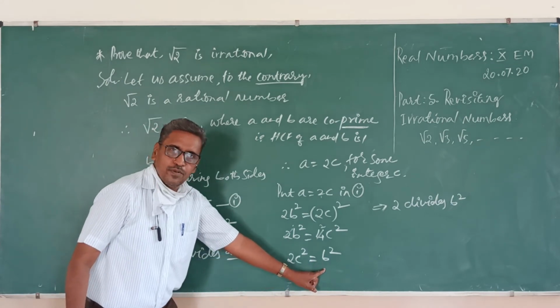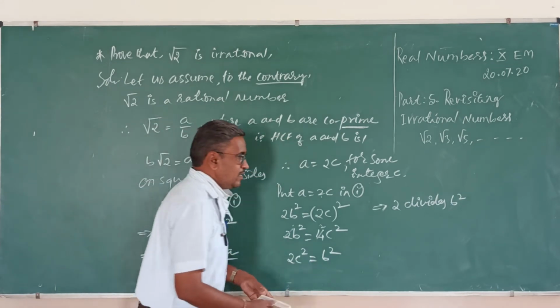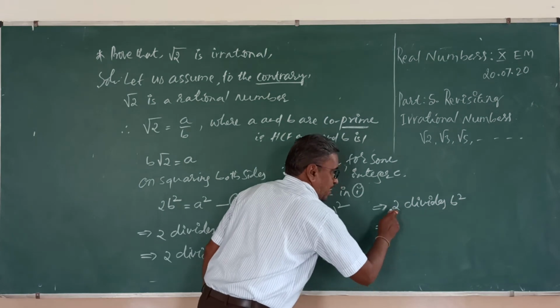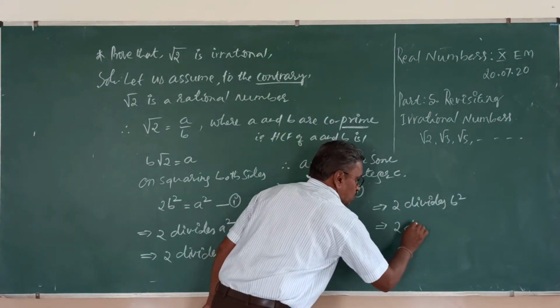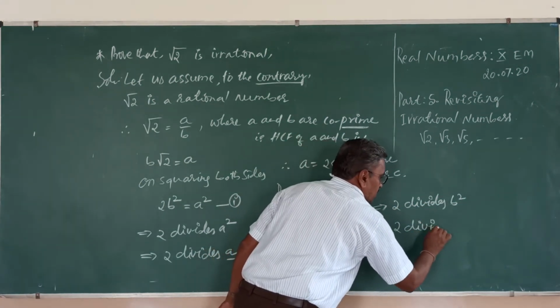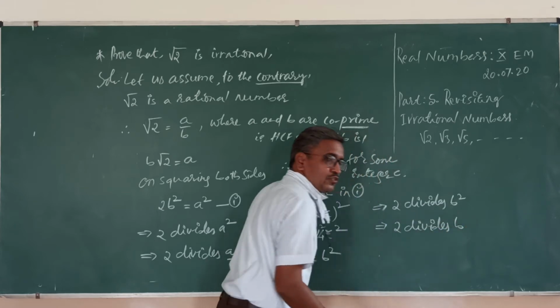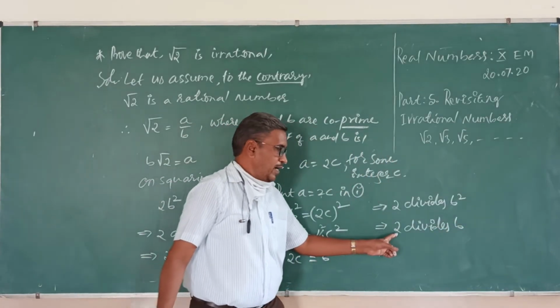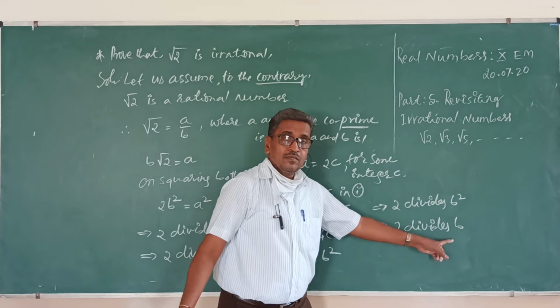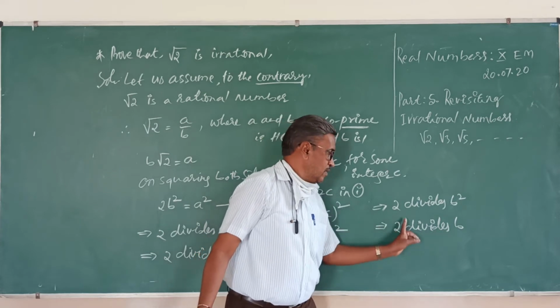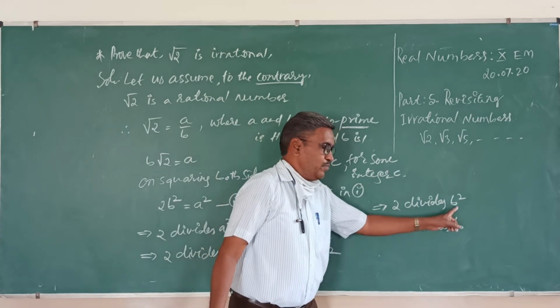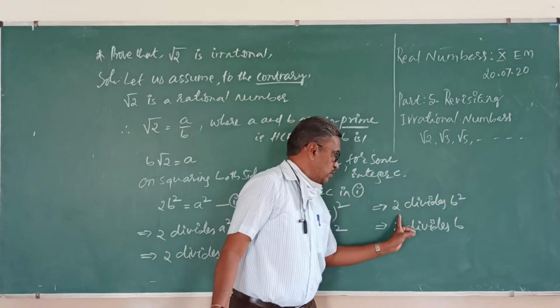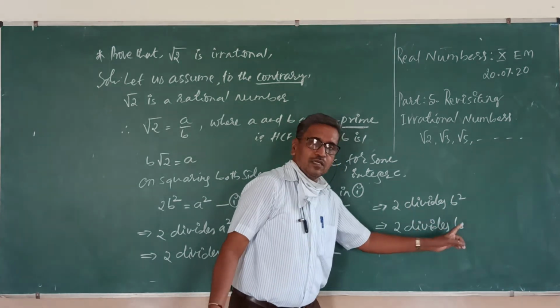Again the theorem tells that if 2, a prime number, divides b square, then 2 divides b also. b is any positive integer.